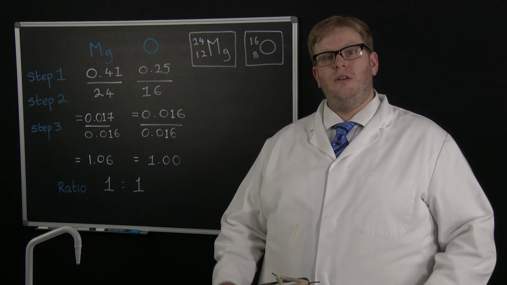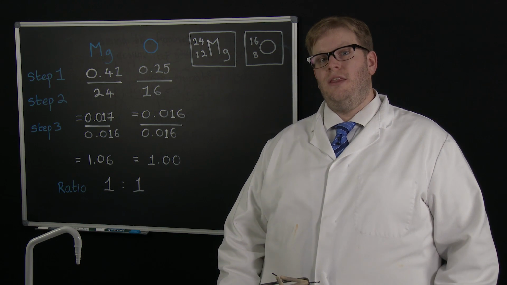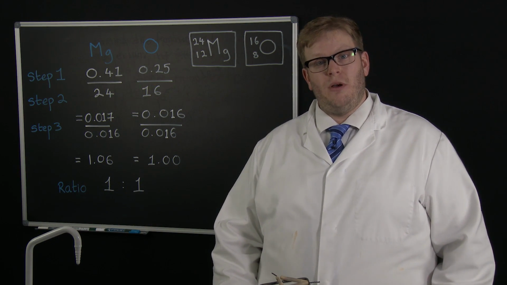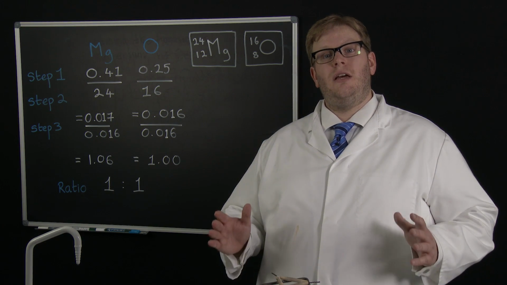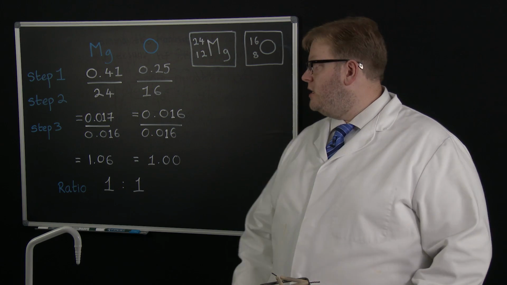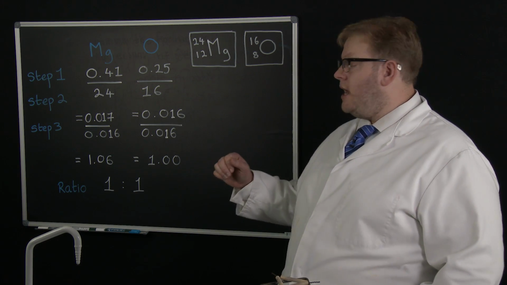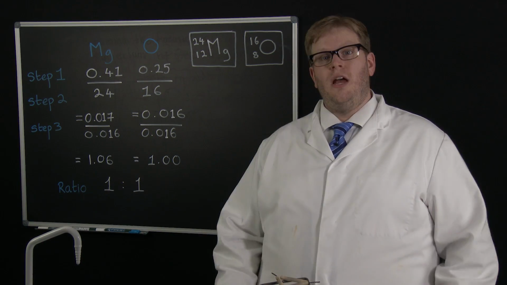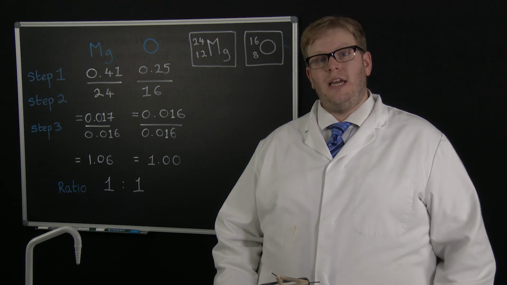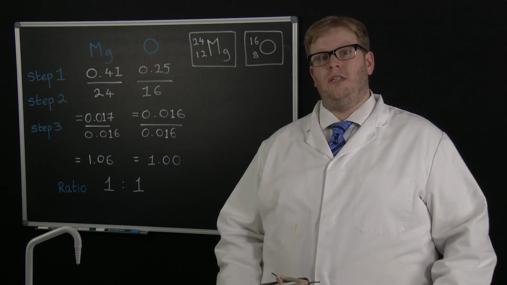The ratio tells us what the formula is. In this case, the ratio comes out to be 1 to 1, because if you remember, the empirical formula is the nearest whole number value that we're going to take. These are always calculated experimentally, and you can see from real-life data that they don't always end up as exact numbers. Your job is to take those exact numbers from the answer.